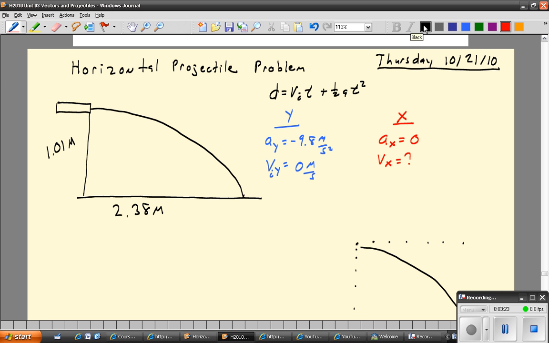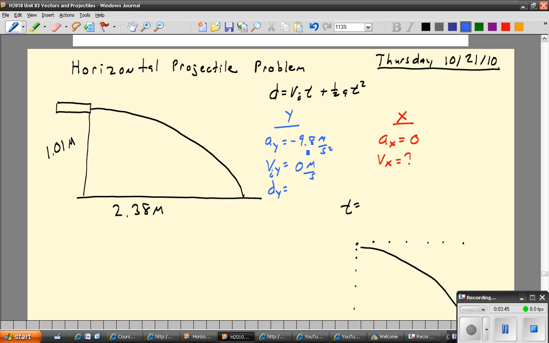The one thing, however, that is exactly the same for both of these is the time. That's the thing that links the y and the x directions together. So first off, we want to figure out the time. To do that, I'm going to use the vertical displacement, or the displacement in the y direction.